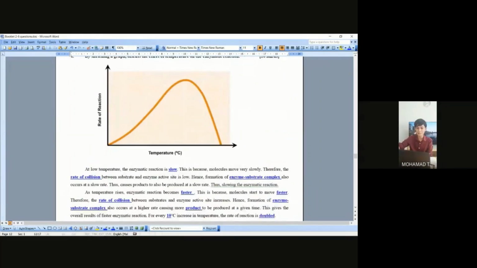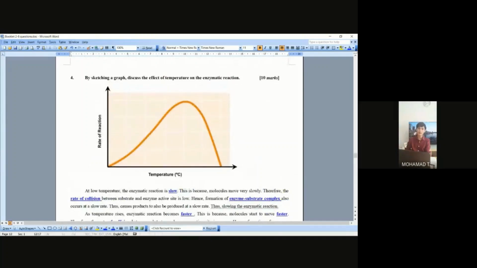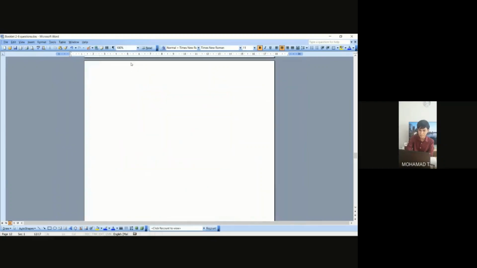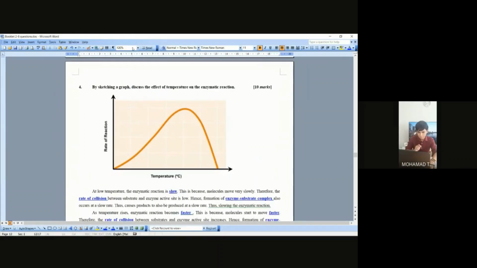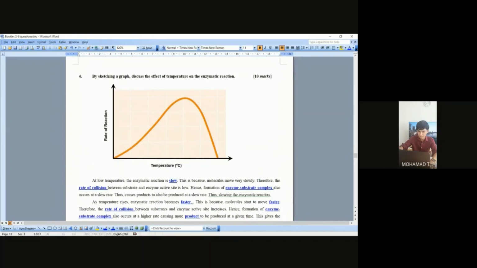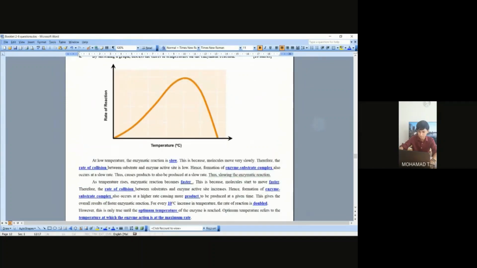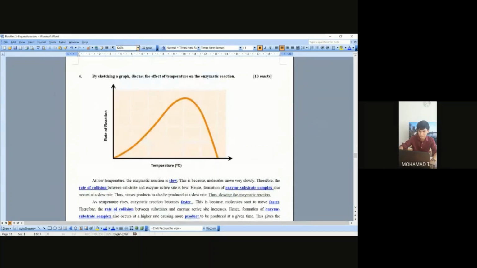By sketching a graph, discuss the effect of temperature on the enzymatic reaction.